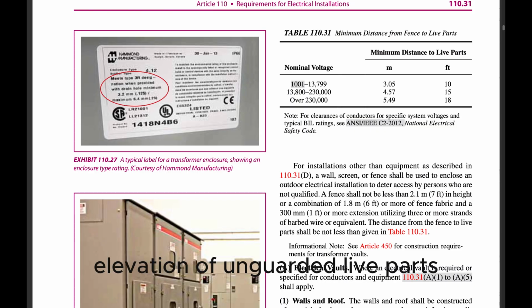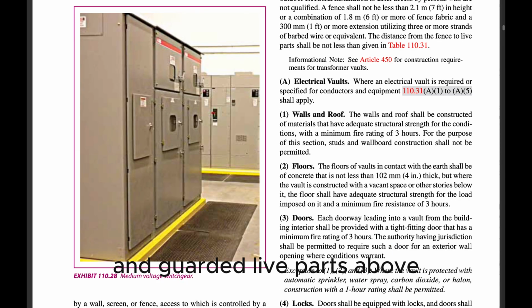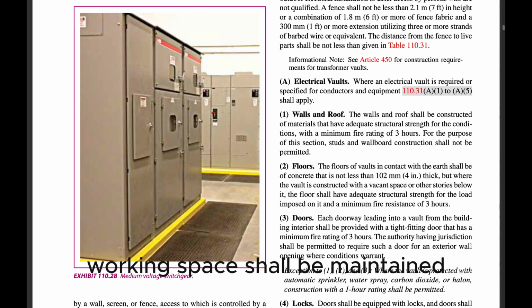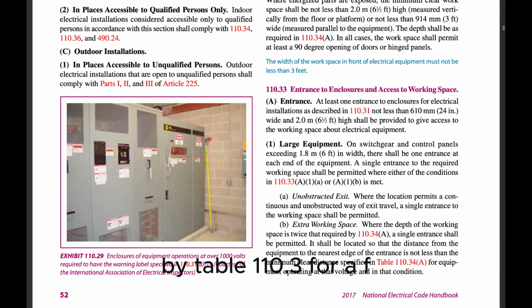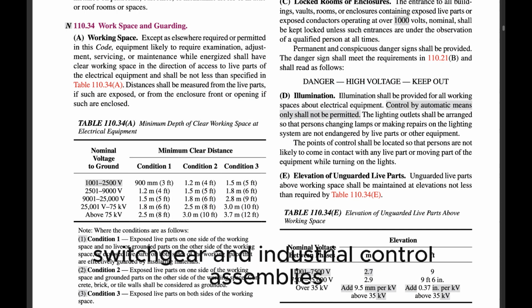E. Elevation of unguarded live parts. Unguarded live parts above working space shall be maintained at elevations not less than required by Table 110.34(E). F. Protection of service equipment, switchgear, and industrial control assemblies.